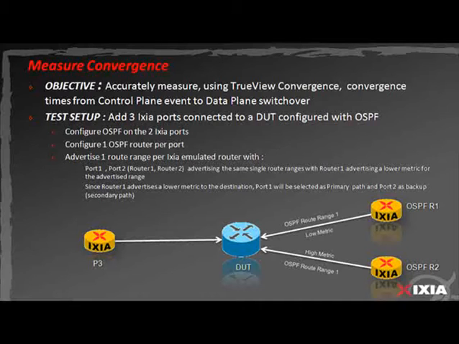We will then trigger a control plane event, which is an OSPF route flap on R1, which will then make the DUT switch all the traffic destined to the routes advertised as a part of the route range to the alternate or the backup path advertised by OSPF router 2. We will then accurately measure the amount of time it takes for the traffic to converge from the primary path, which is destined to OSPF R1, to the secondary path, which is OSPF R2.